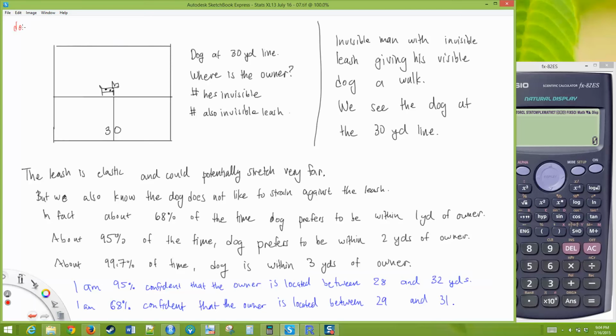Okay? And the owner's location is the population mean, and the behavior of the dog is the central limit theorem, stating that y bar follows the normal distribution.